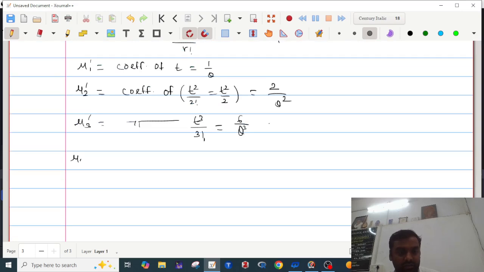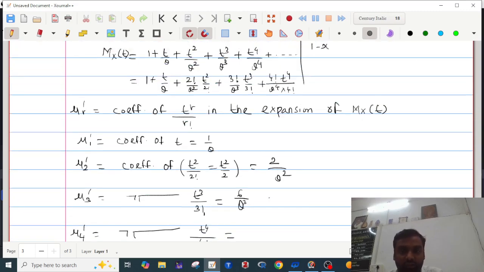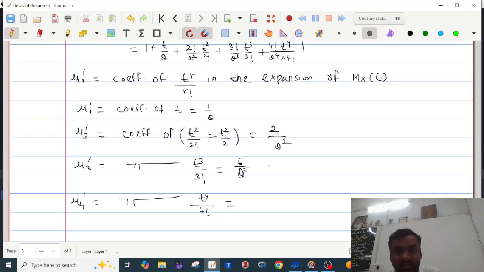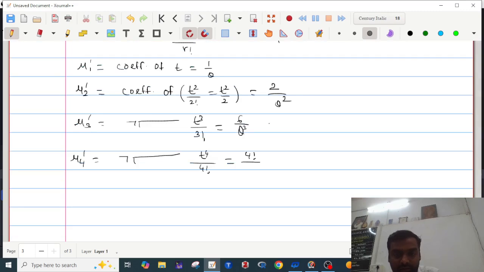Mu 4 dash is the coefficient of t raised to 4 upon 4 factorial, which is 4 factorial upon theta raised to 4, nothing but 24 divided by theta raised to 4.